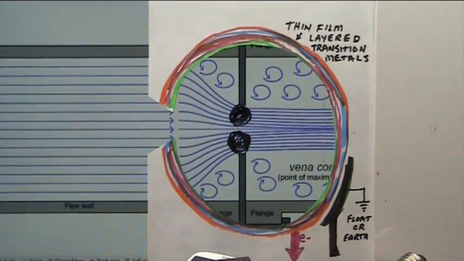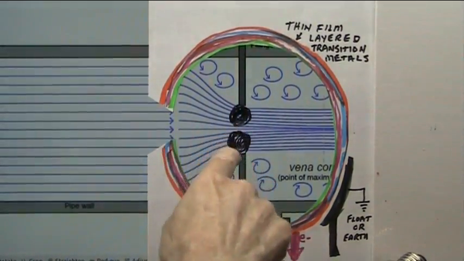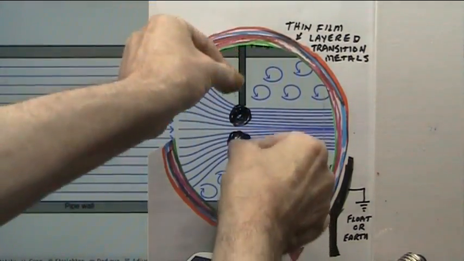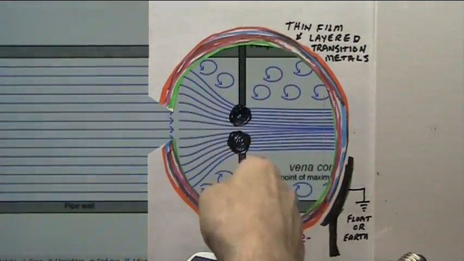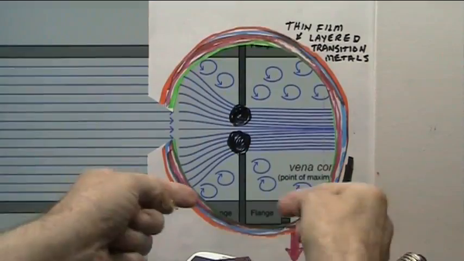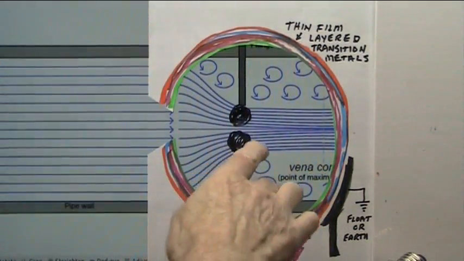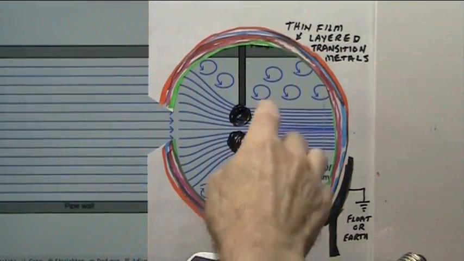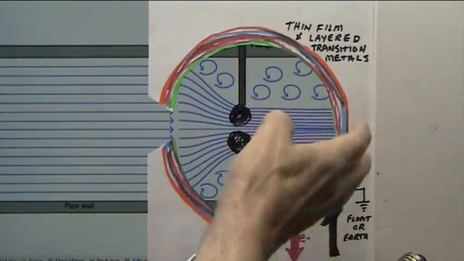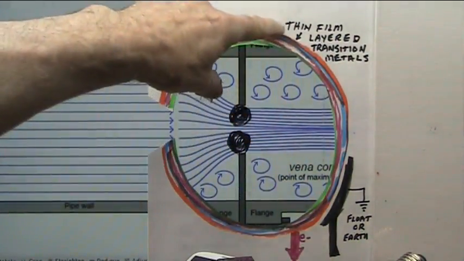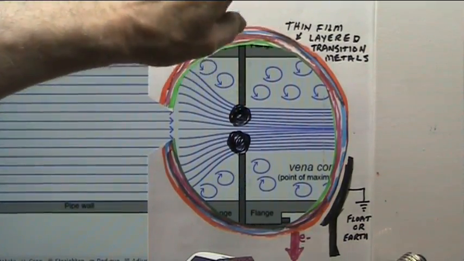All right, this is where your venturi is, right here. And that's how we're going to be able to, I think I showed you, there's little flanges here that you can slide these little sliders back and forth, and we're going to create extreme amounts of energy and surround the whole thing with thin film layered transition metals.